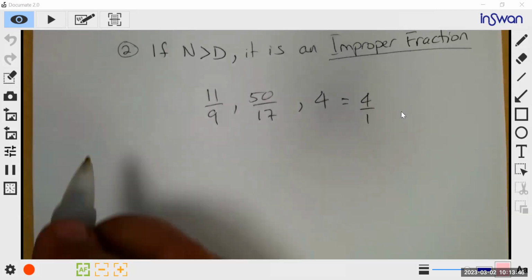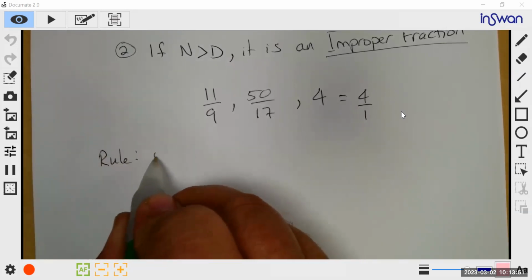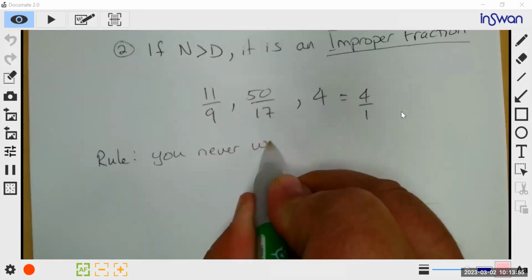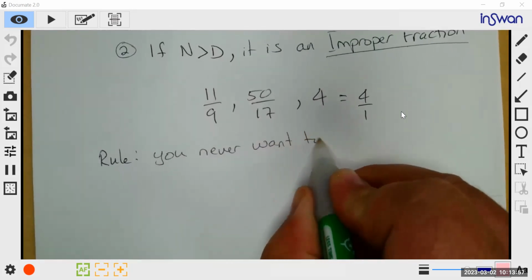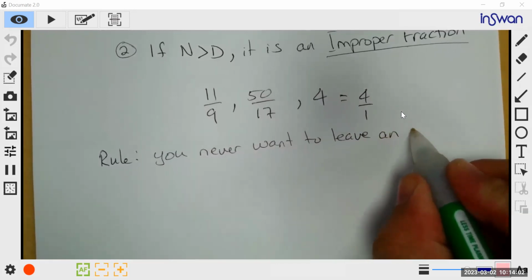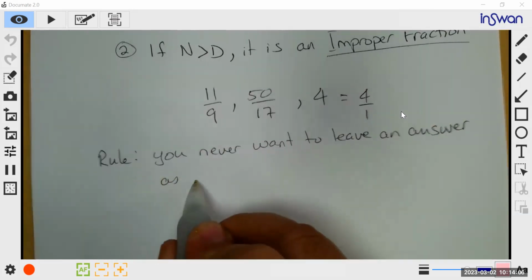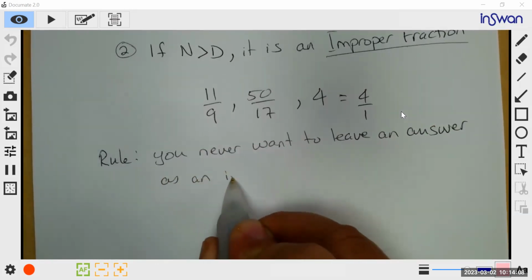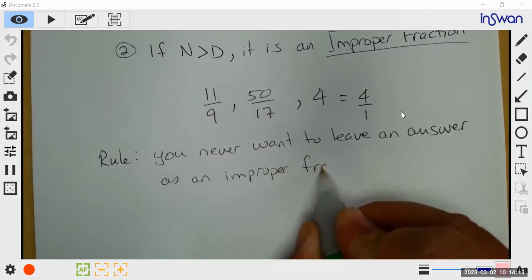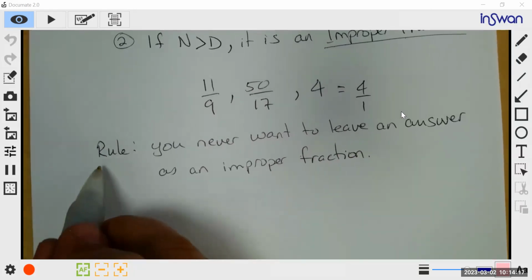And that brings us to a rule. As a rule, you never want to leave an answer as an improper fraction. That's a rule.